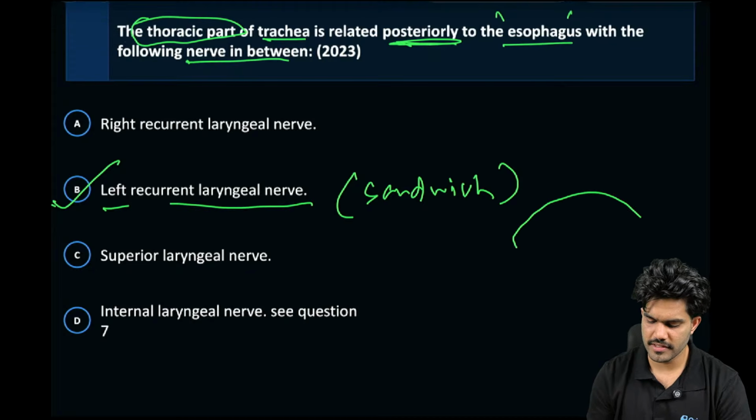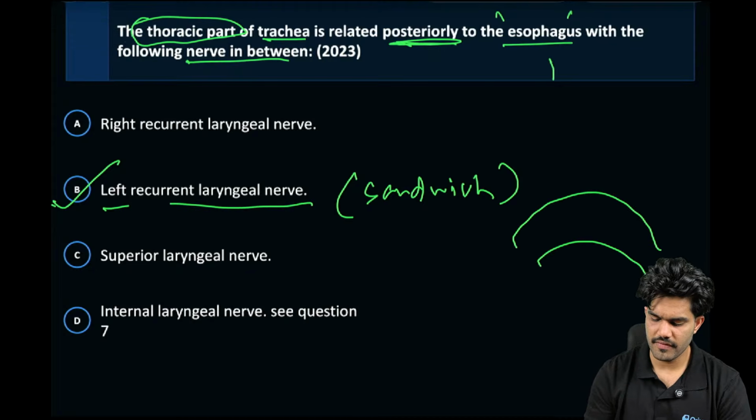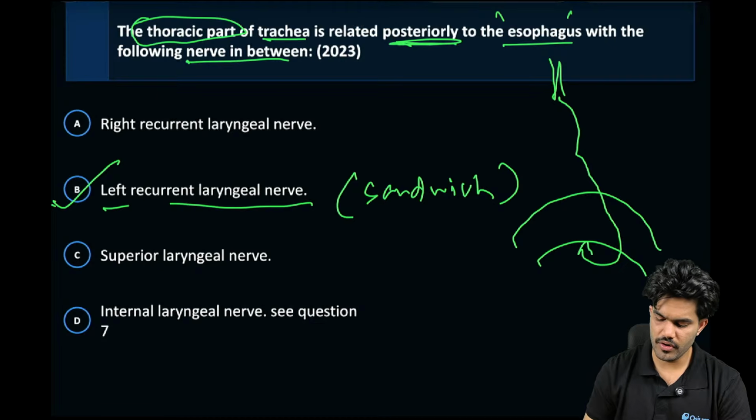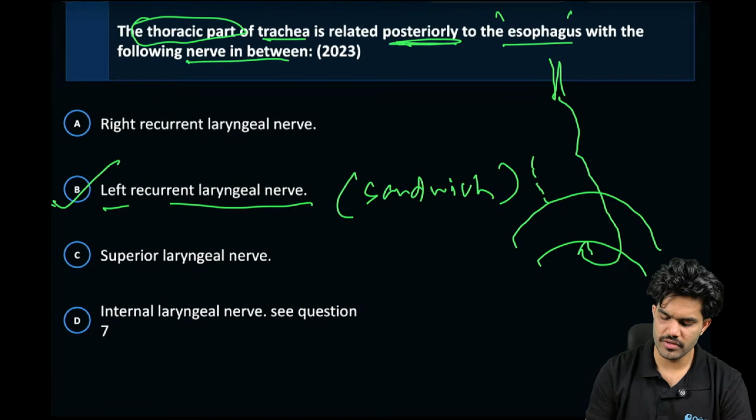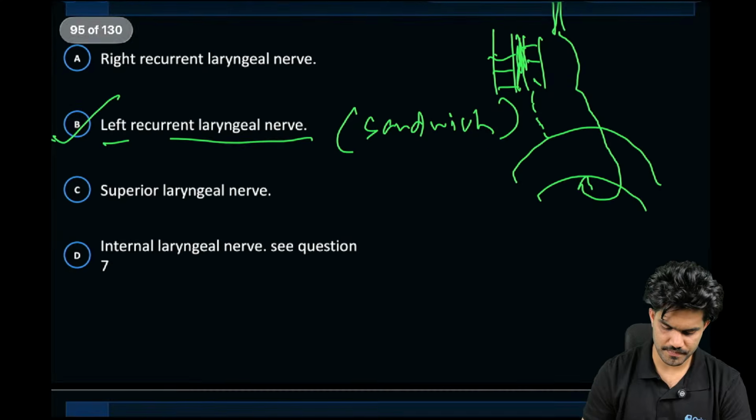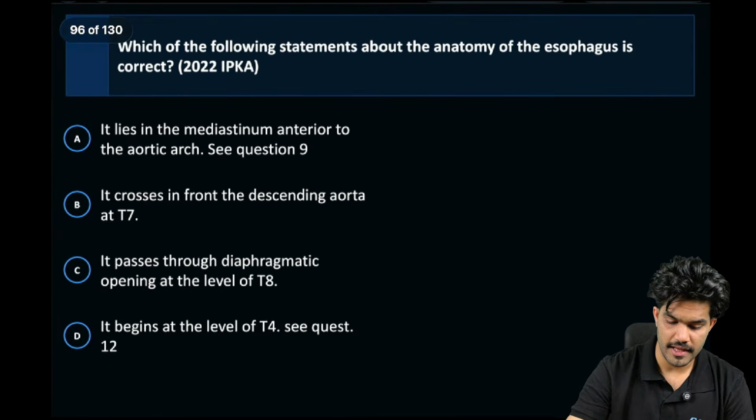I told you. See, arch of aorta. From the vagus, it gives left recurrent laryngeal nerve, comes, hooks around below inferiorly and goes to sandwich in between two what? Trachea and esophagus. So, easy question. Let's see next question.